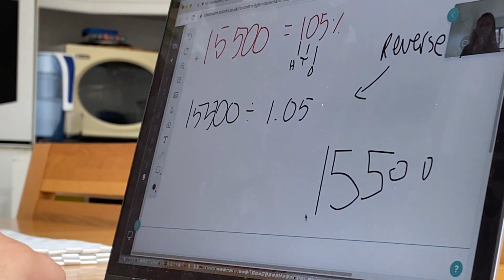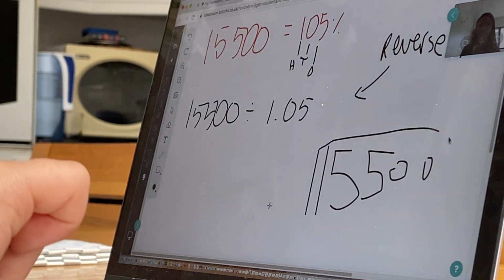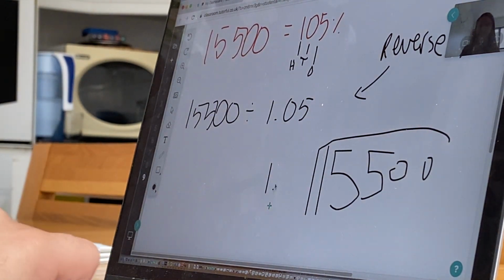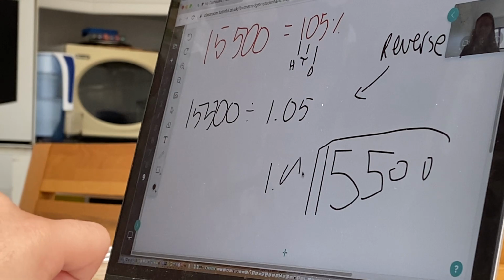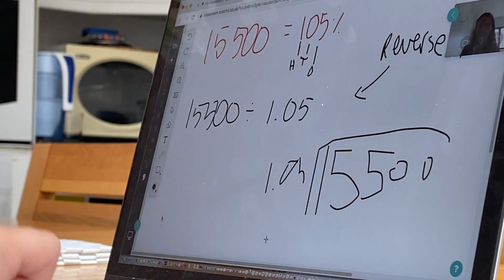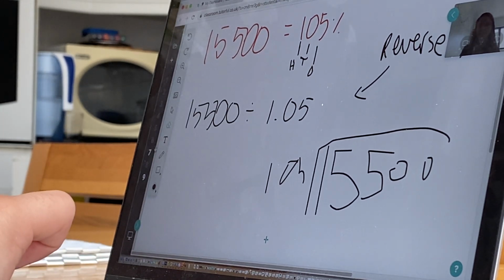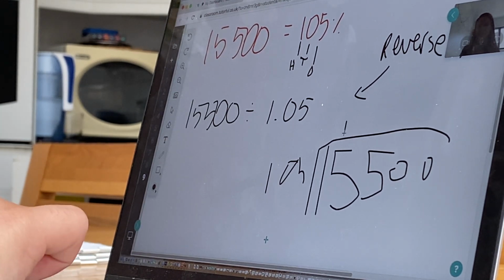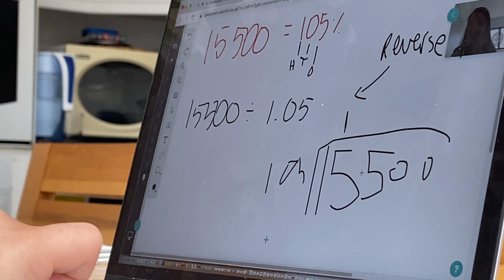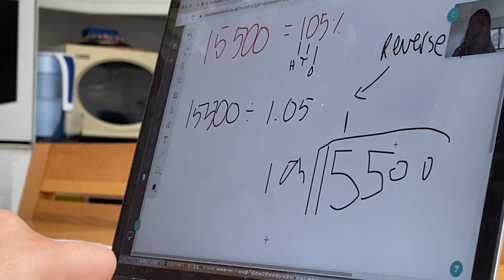1.05. Remove this decimal and then we'll add it after. It might be a little bit tricky to find this by hand using this method.